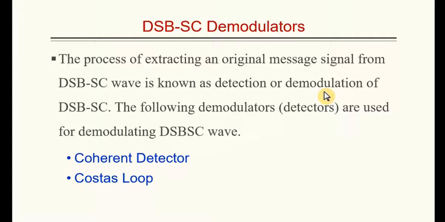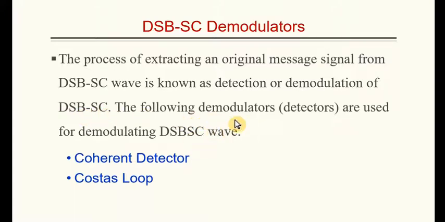Demodulation is the inverse of the modulation process. So the process of extracting an original message signal from the double sideband suppressed carrier wave is known as detection or demodulation of the double sideband suppressed carrier.